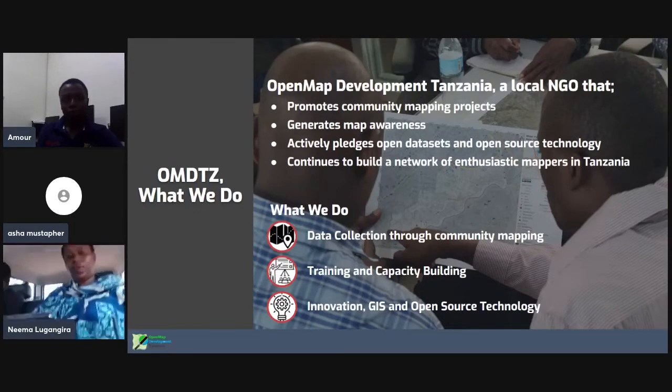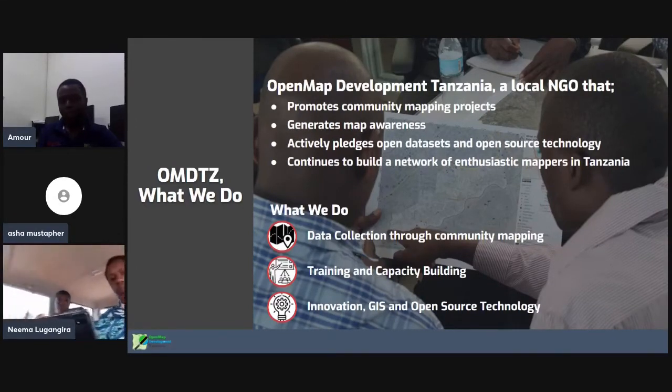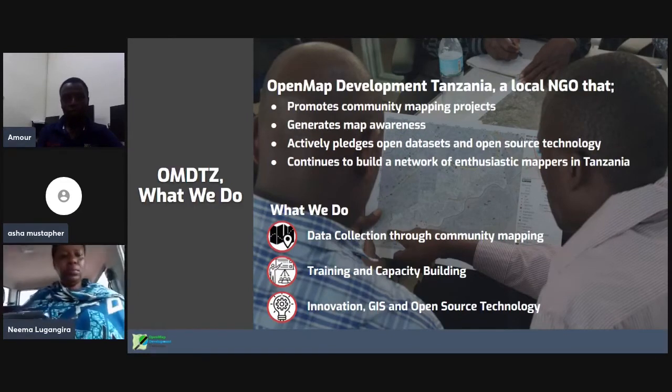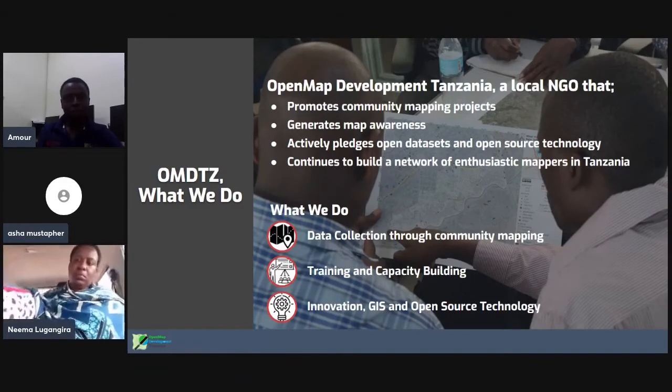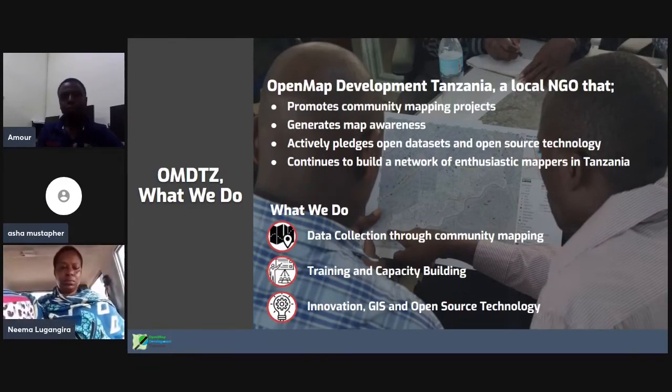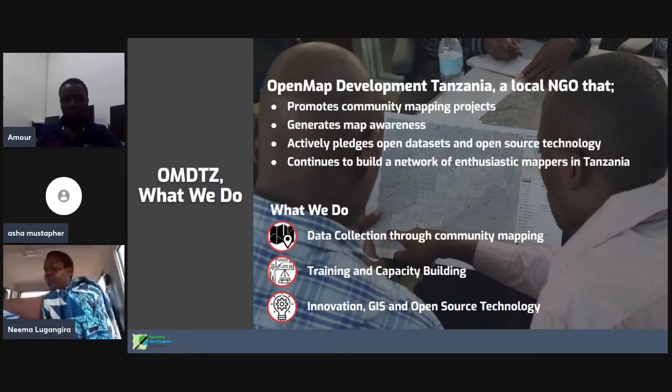For example, I hope some of you have seen that in recent years OMDTZ successfully created a bamboo drone. This was created to show that we can create open source tools which are cheap, and whose materials are available even in our surroundings, which can help in doing mapping.